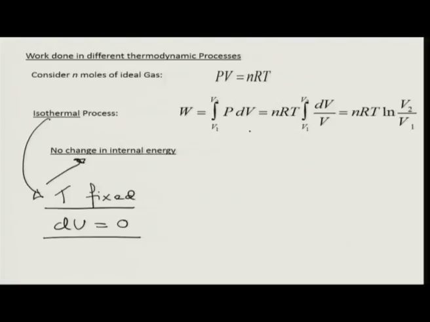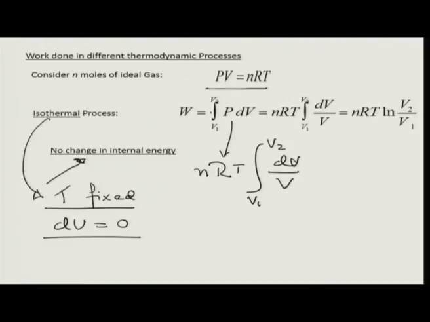Now you want to calculate this quantity, and since it is a quasi-static process, at every instant in time you can write PV is equal to nRT, so that you can write this integral as nRT times the integral of dV by V from V1 to V2.